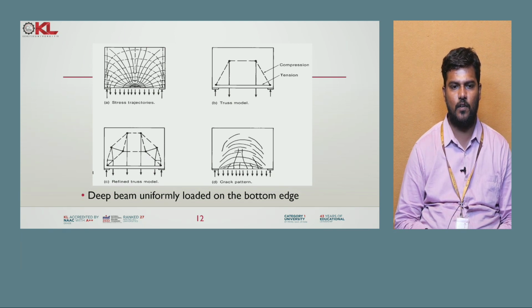Whereas in the case of the refined truss model, here also you will get both the compression as well as the tension zones, both are present. And if you look at the crack pattern, if you are applying the bottom load, rather than getting flexural cracks, you are getting shear cracks coming from the bottom portion almost throughout the beam.